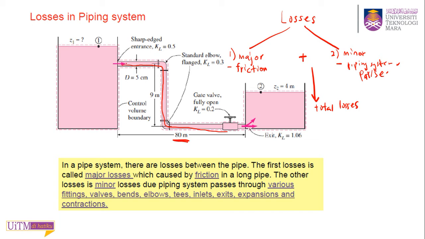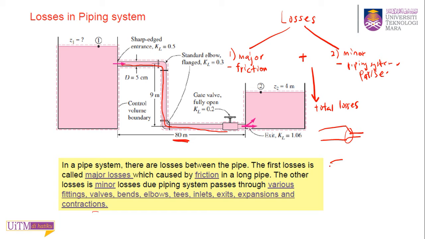For example, you have the entrance, the elbow, the valve. If you have two pipes of different sizes, and let's say you have one bigger pipe connected to a smaller pipe, you will have what we call a contraction.